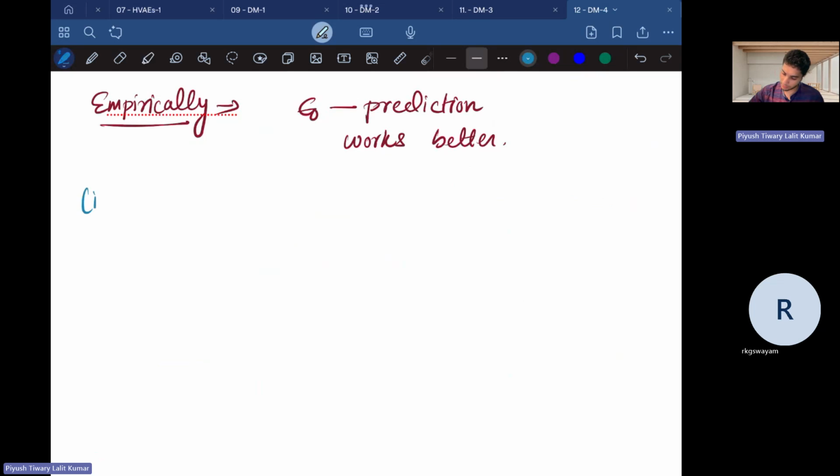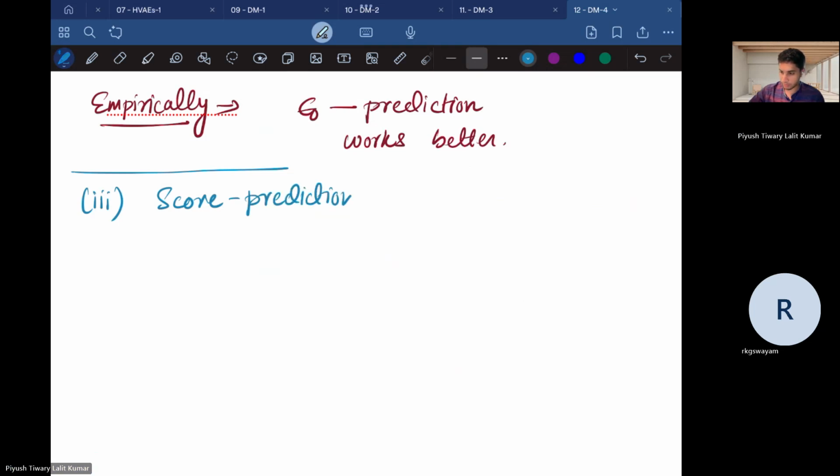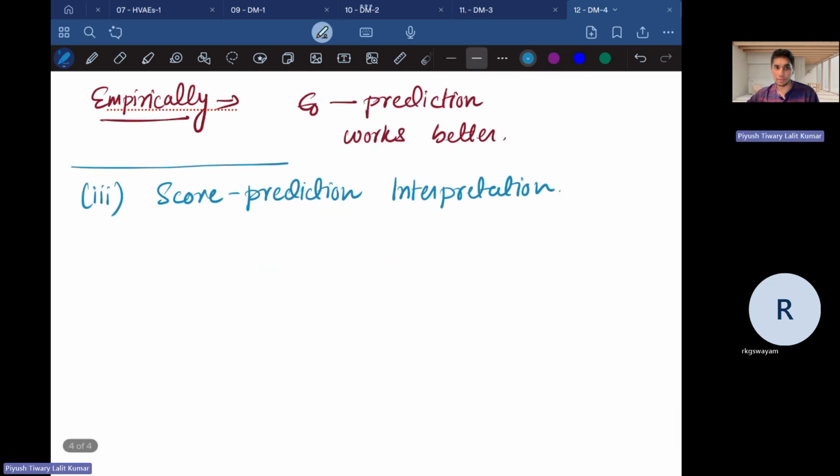Okay, so the third one, the score prediction interpretation. What is this thing? We are going to need one thing, which is something called Tweedie's formula.